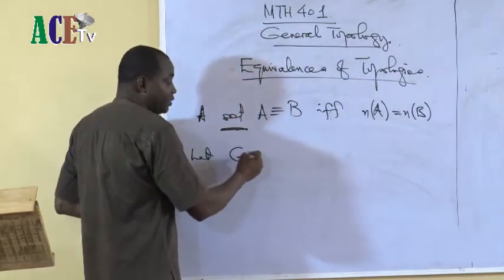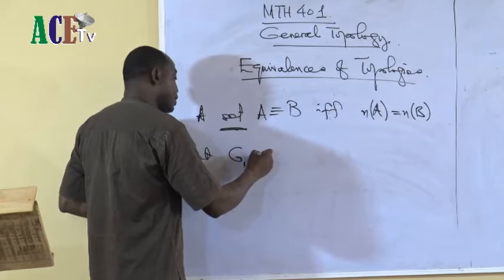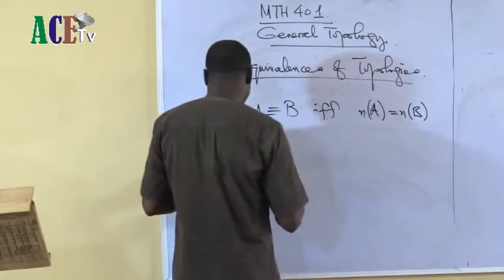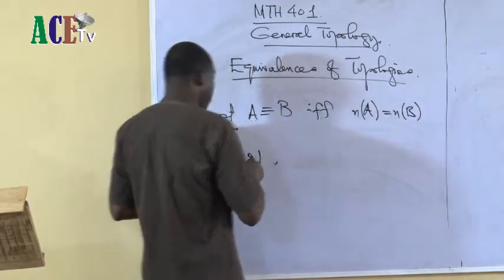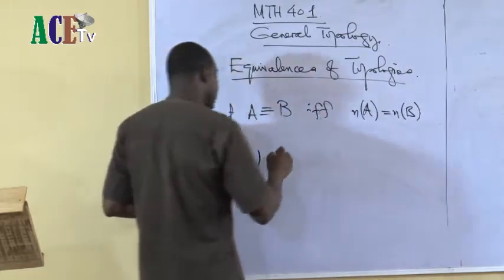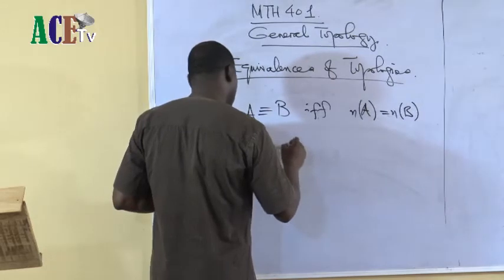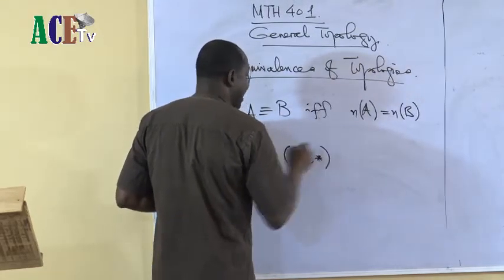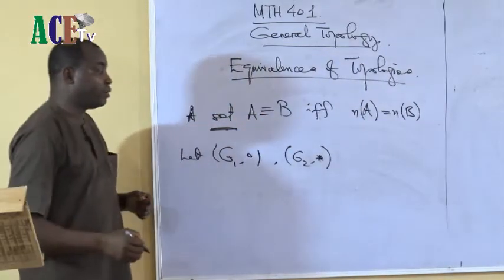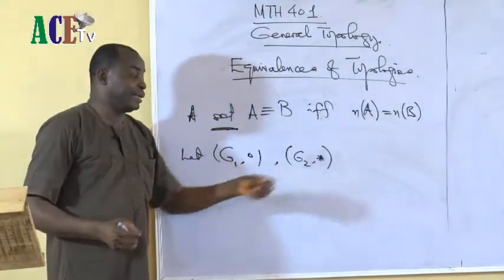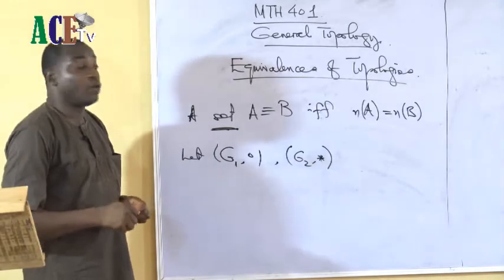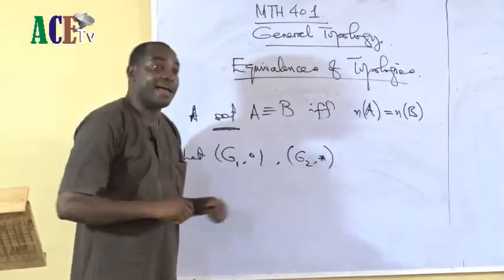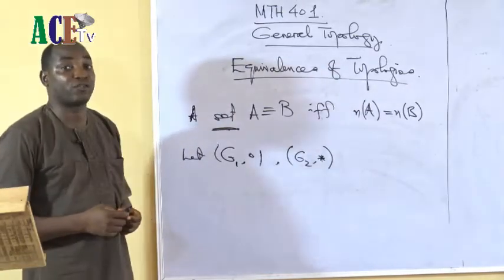But when you are now dealing with a group, let's say this is a group with its operator O, and then you also have another group with operator star. When you are defining equivalence of groups, this equivalence has a name which we call isomorphism.